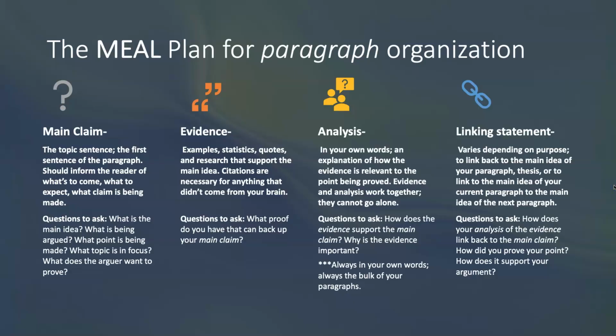While the MEAL plan will be used in this class primarily to organize concise and well-structured papers, the focus of this lesson is to identify it in action. So as you're watching the show clip coming up, be on the lookout for the main topic of the detective's argument and any proof or evidence that he cites to back up his claim, and how his personal analysis in connection to his evidence strengthens his argument while also linking back to his main claim.